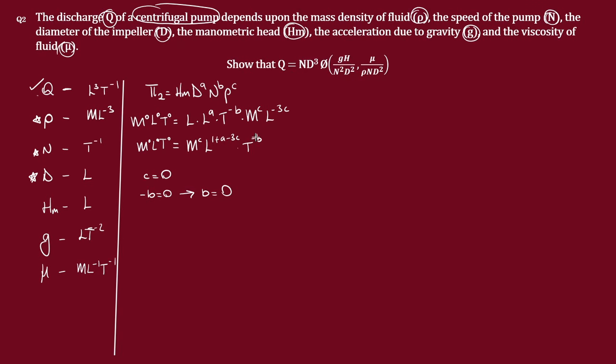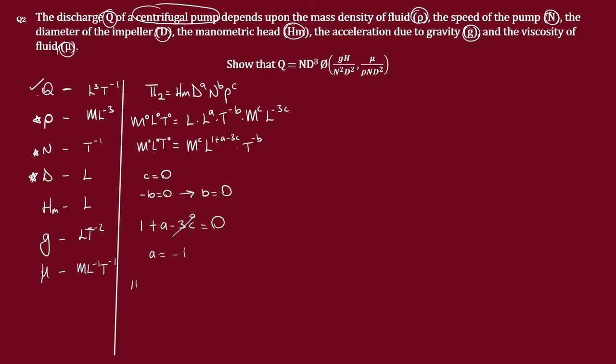T is here, raised to power minus b, and T is 0 here. So that means they have to be 0 for dimensional homogeneity to be conserved. Okay, so all we have left is the exponent of a. So we can say 1 plus a minus 3c is equal to 0. This is 0, so that means a is equal to minus 1.